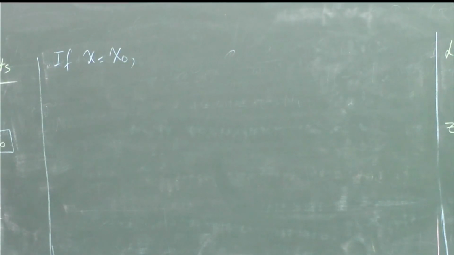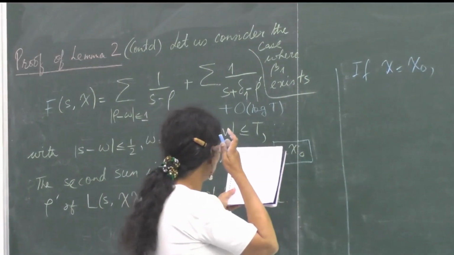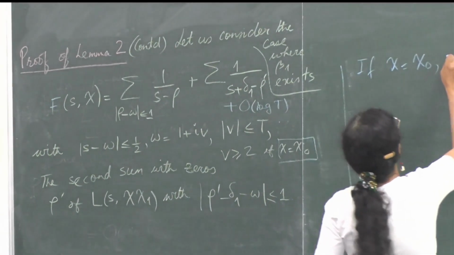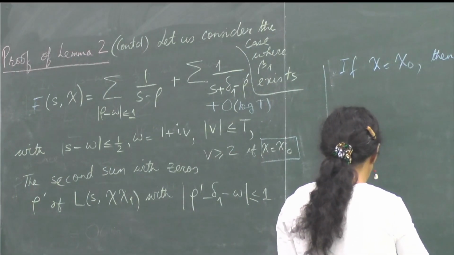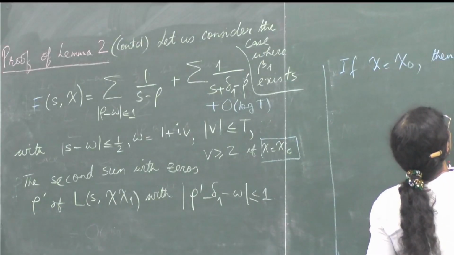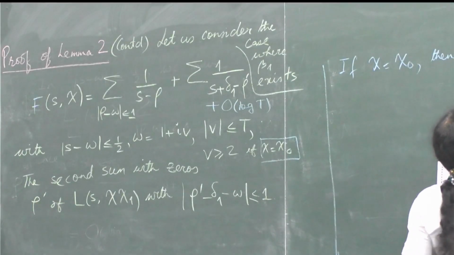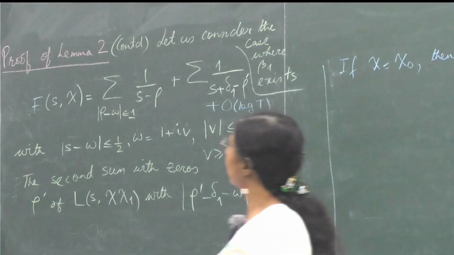You're right, thank you. So if chi is equal to chi 0, then what happens? Then minus 1 upon S minus 1, the term, which is this term, minus 1 by S minus 1, what does it correspond to?